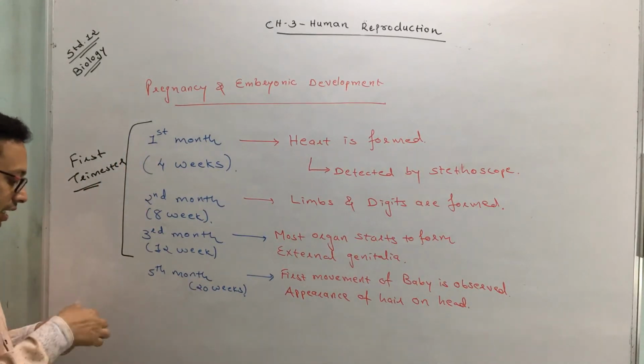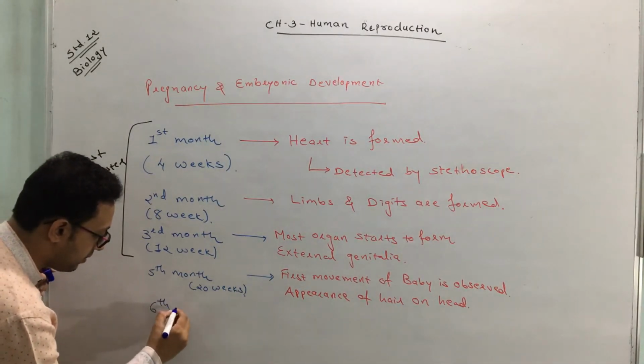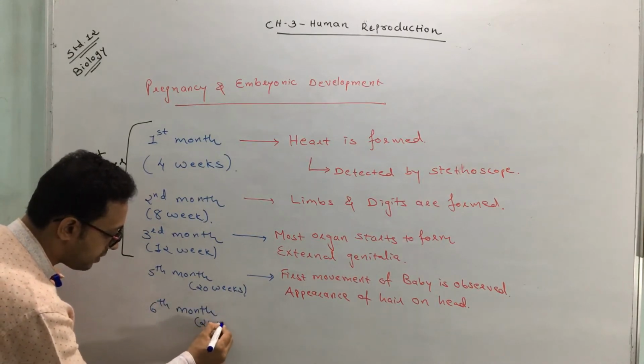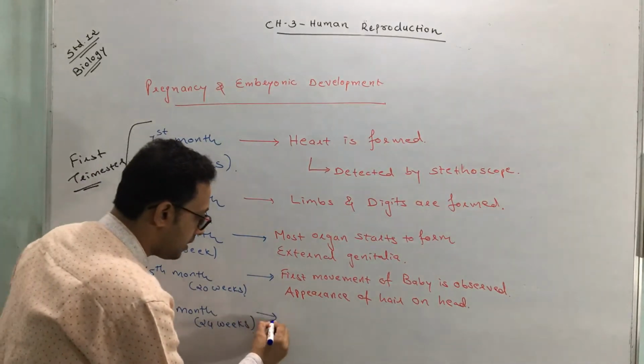Okay. Now 6th month. 6th month means 24 weeks. What takes place?